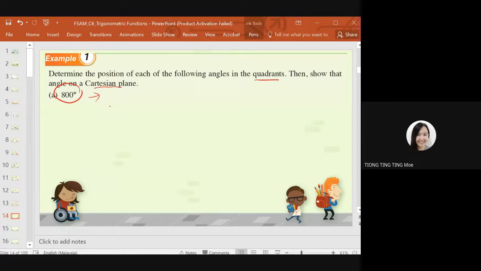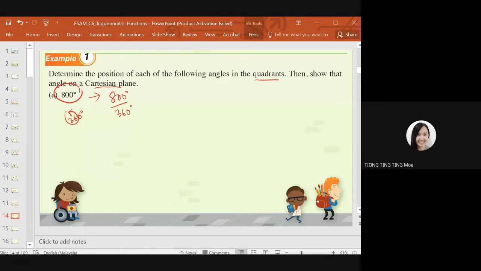800 degree, divide by 360 degree first. Because I want to know how many circles it has, and one circle has 360 degree, right?